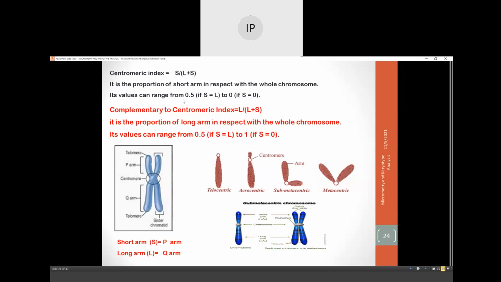Its value can range from 0.5 if S is equal to L to 0 if S is equal to 0. Complementary to centromeric index can also be L divided by L plus S, long arm divided by long arm plus short arm. It is the proportion of long arm in respect with the whole chromosome. Its value can range from 0.5 if S is equal to L to 1 if S is equal to 0.